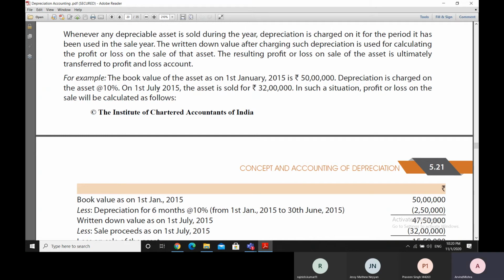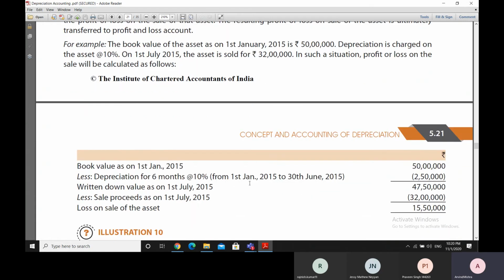So therefore, the depreciation will be allowed only for half the year, which is 6 months, at the rate of 10%, and that is 2,50,000 rupees, because 10% for the entire year would be 5 lakh. So for half the year, it should be 2,50,000 rupees. And after reducing the depreciation of 2,50,000 rupees, we are left with the written down value as on 1st July of 47,50,000 rupees.